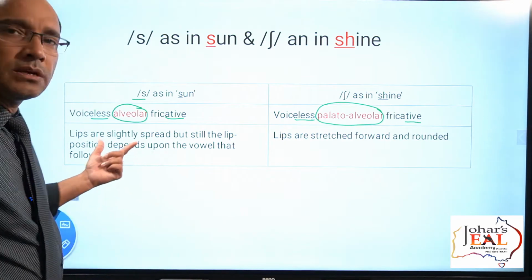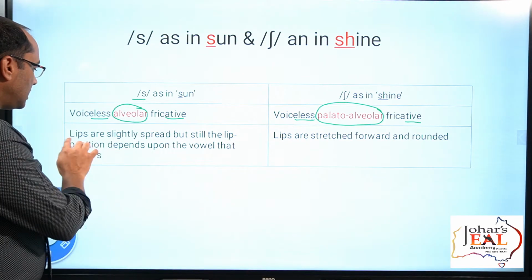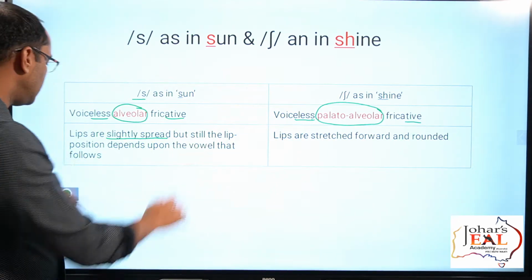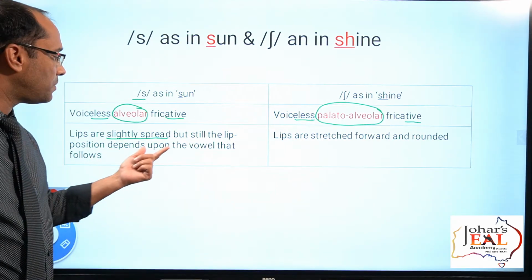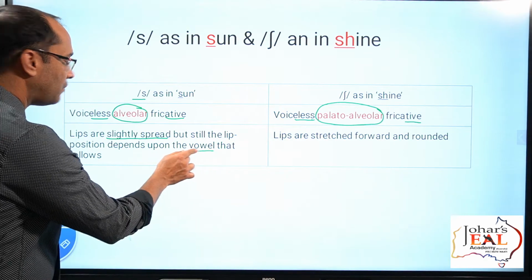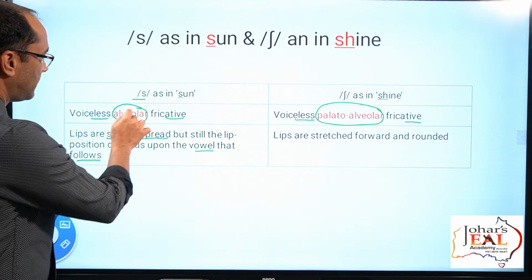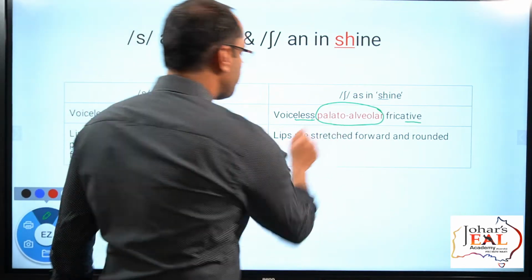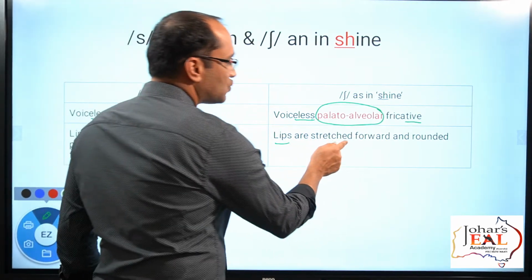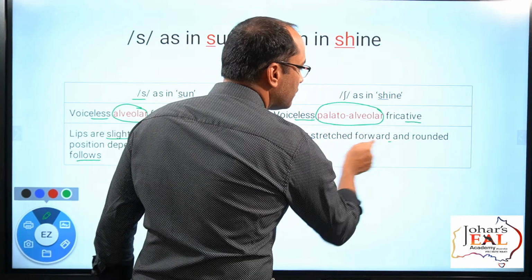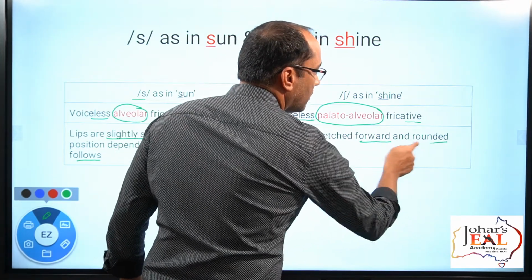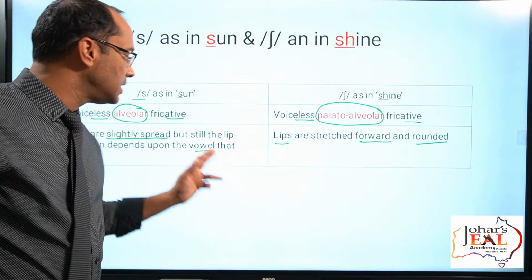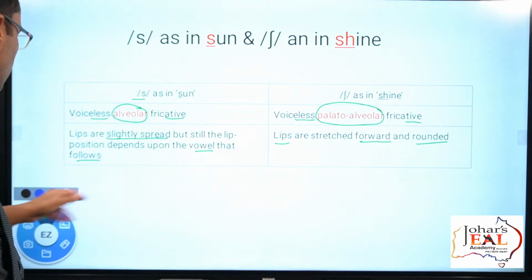Look at the position of the articulators. Here lips are slightly spread, but still the lip position depends upon the vowel that follows this consonant. And here lips are stretched forward and rounded. So that's the difference.